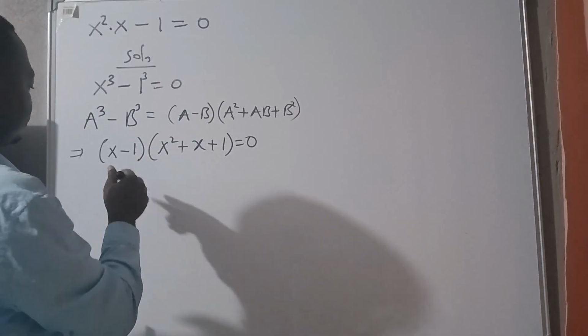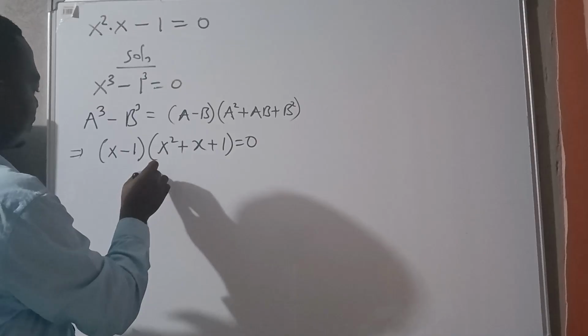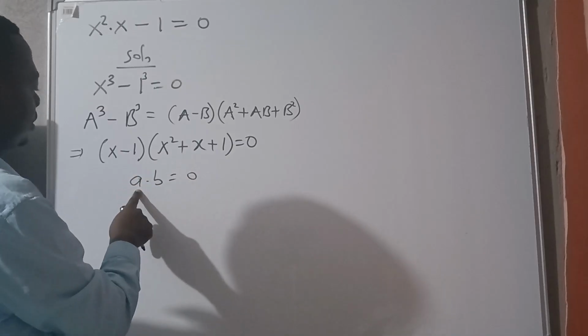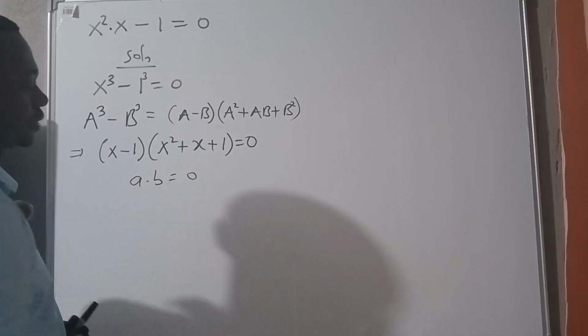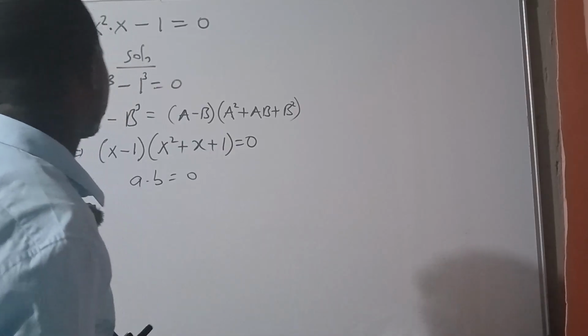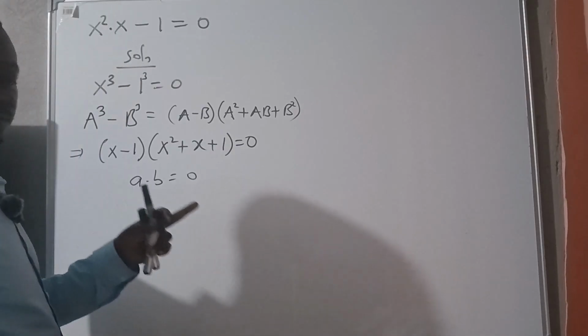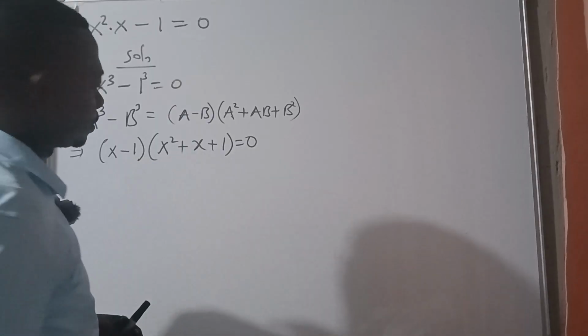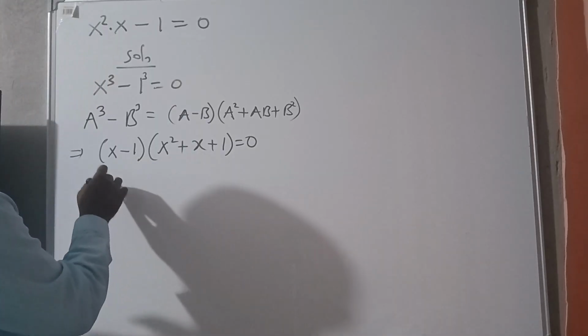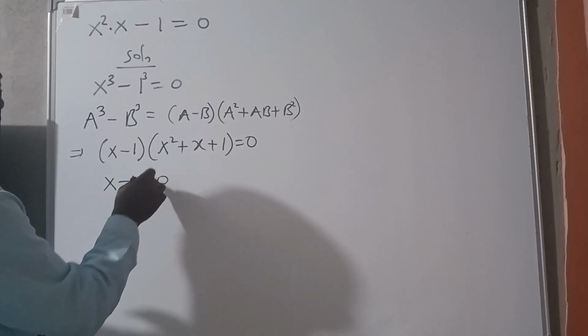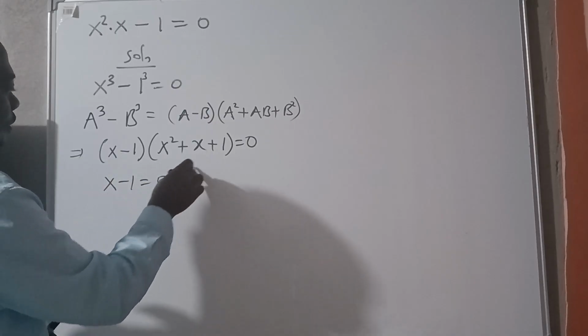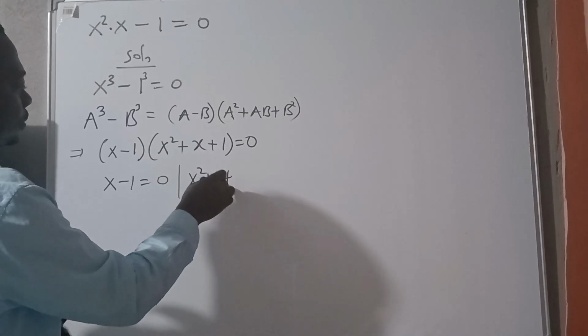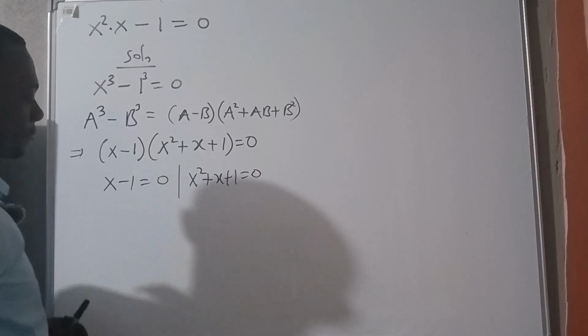Now we can say a times b equal to 0, a equal to 0 or b equal to 0. So from here, x minus 1 equal to 0, and x squared plus x plus 1 equal to 0.